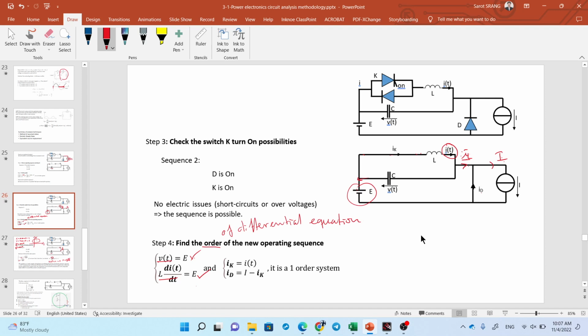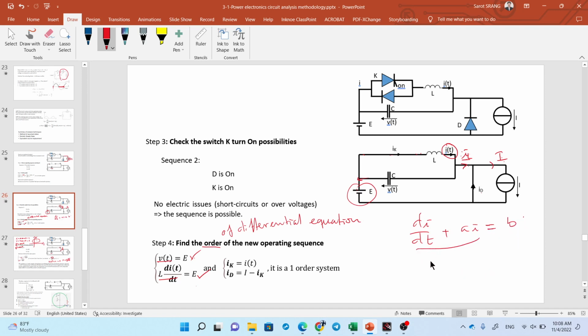First order solution can be exponential or can be some constant, right? Let's say I have the equation di over dt plus a i equal to v.